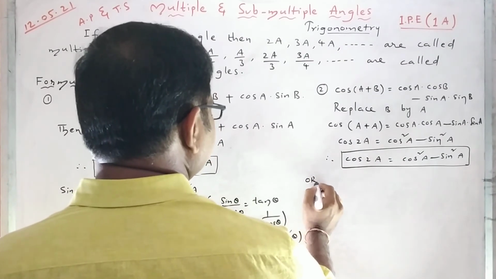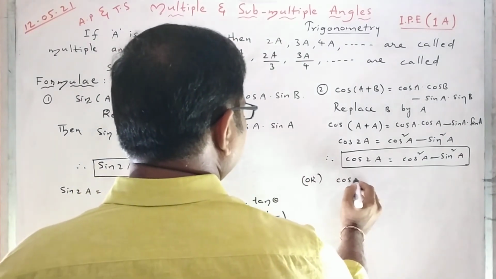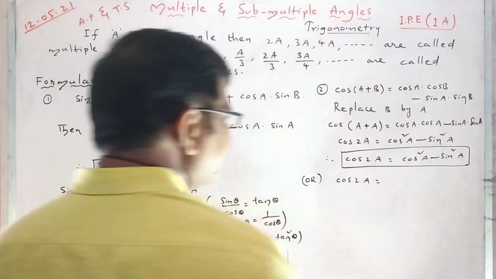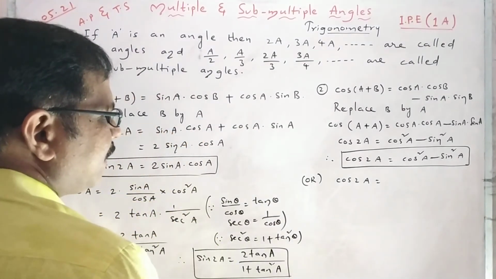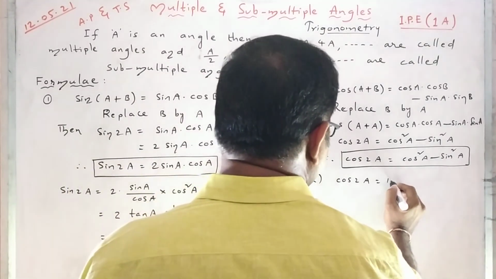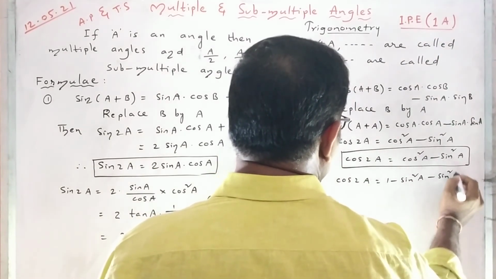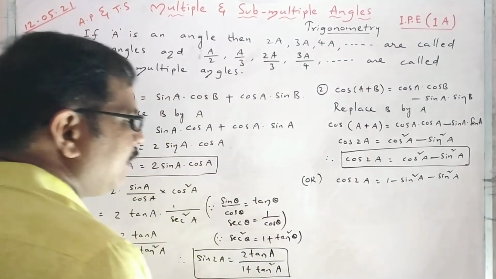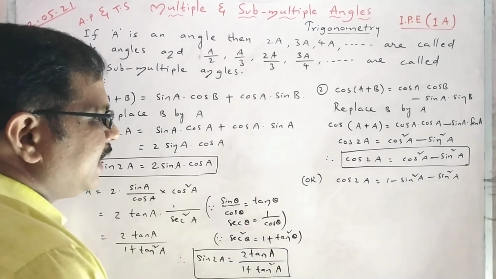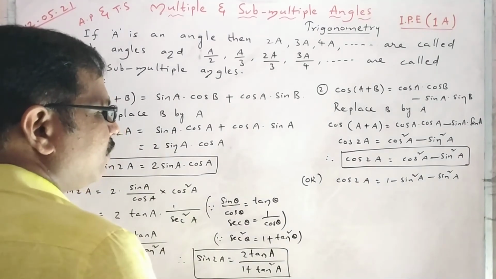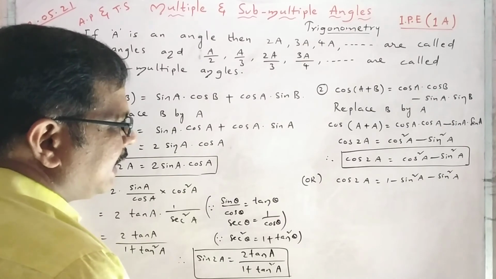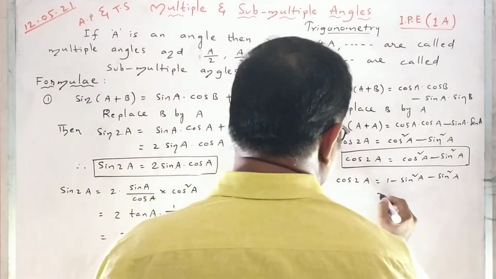Suppose cos 2A equals, in the place of cos square A, from the first identity I can write 1 minus sin square A. You remember sin square theta plus cos square theta is equal to 1. From this, cos square theta is 1 minus sin square theta.